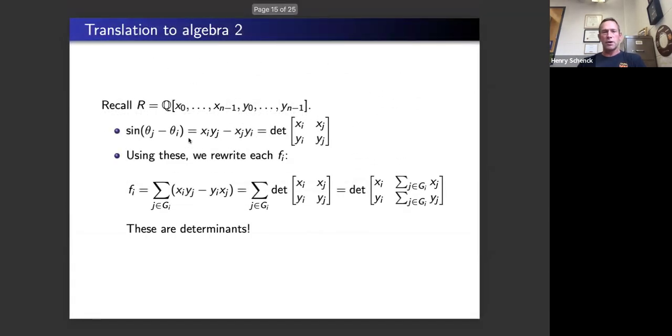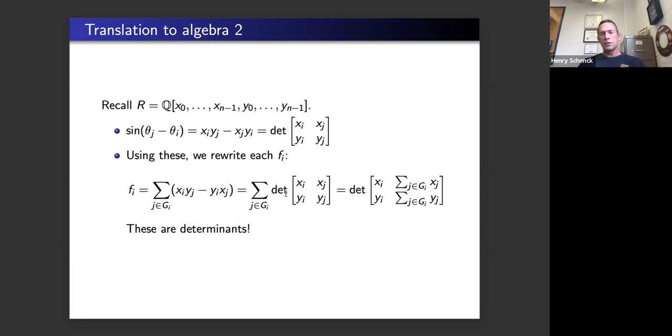So we've got these equations. And so the first observation, which in a sense is very pedestrian, but it took us an embarrassingly long amount of time to see it, is that these sine(theta_j minus theta_i) are little determinants. And so in particular, each of these quadratic equations that we get at a vertex is a sum of determinants.